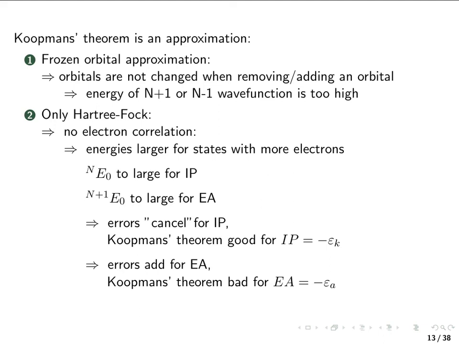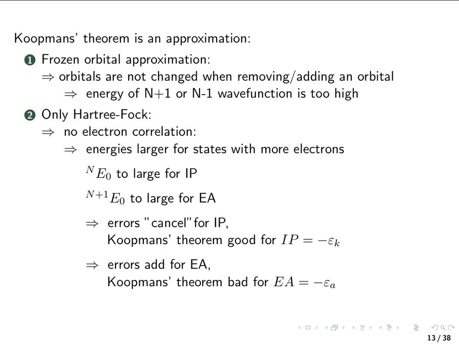And that means for the ionization process, the n electron energy is too large in this Hartree Fock approximation, but because of the frozen orbital approximation, also the n-1 energy is too high. So both energies are too high, which means we make an error of the same sign in both energies. And these errors partially cancel when we calculate the ionization potential, which is the difference of the two energies. And therefore, Koopmans' theorem is very good for ionization energies, where we calculate the ionization energy as minus the orbital energies.